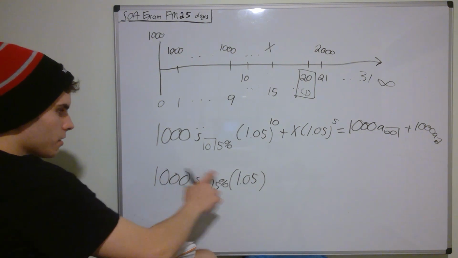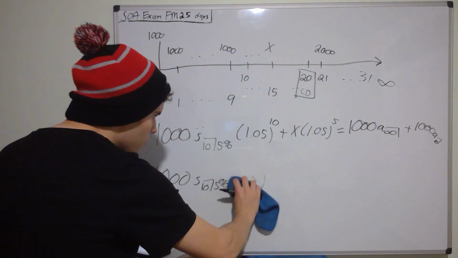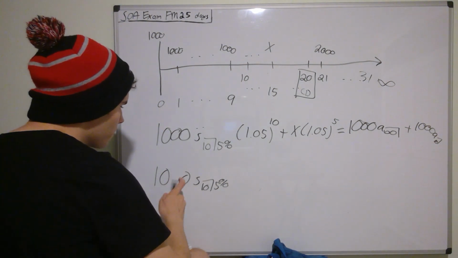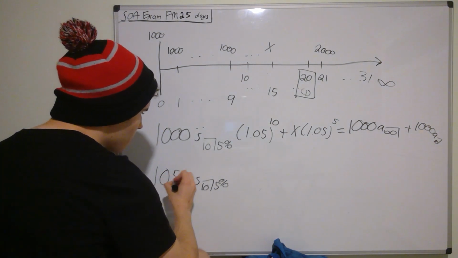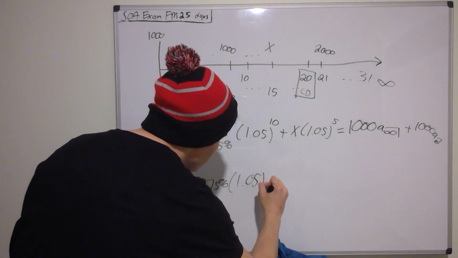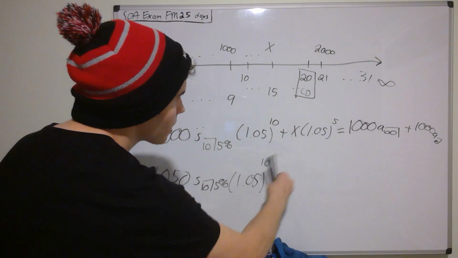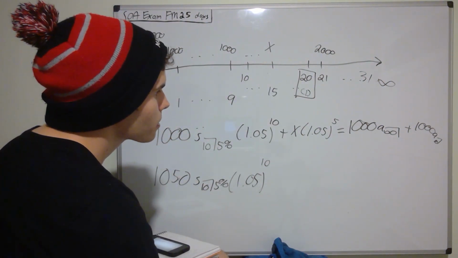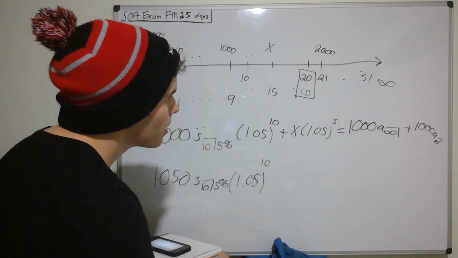If you actually do the math, this turns out to be 1050 S angle 10. And then everything else is normal. So 1.05 to the 10th plus X to that. And then the rest of it is pretty simple and straightforward.